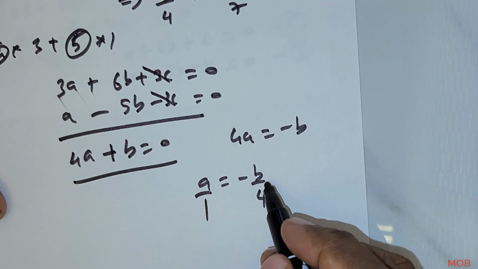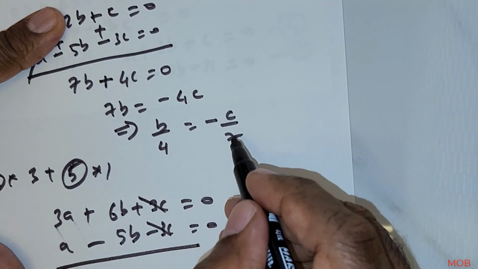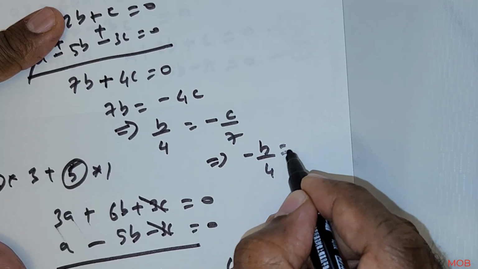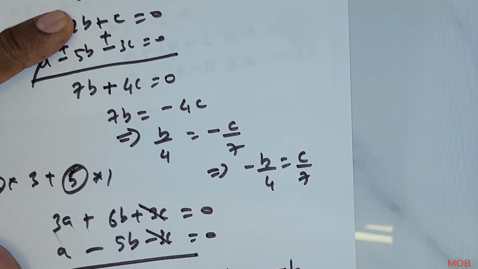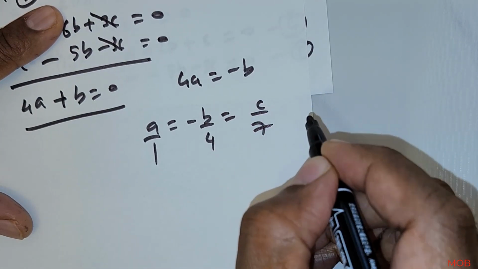Now actually you see here, what is this? This means negative b over 4 is equal to c over 7, right? So I can equate this to c over 7.